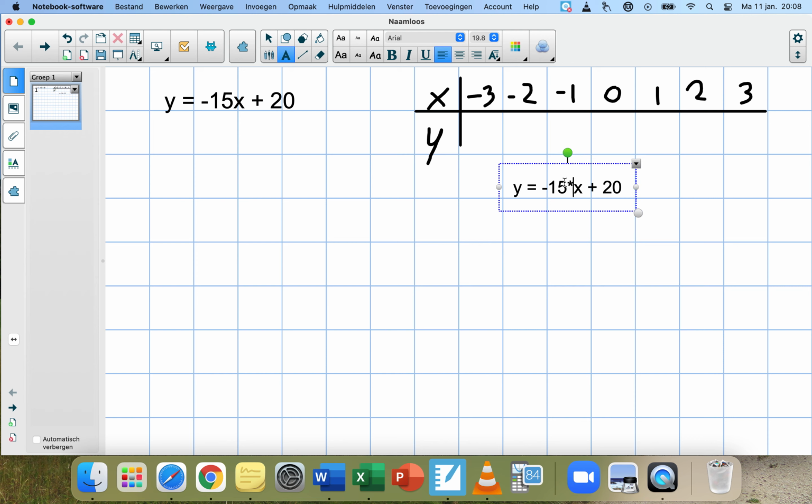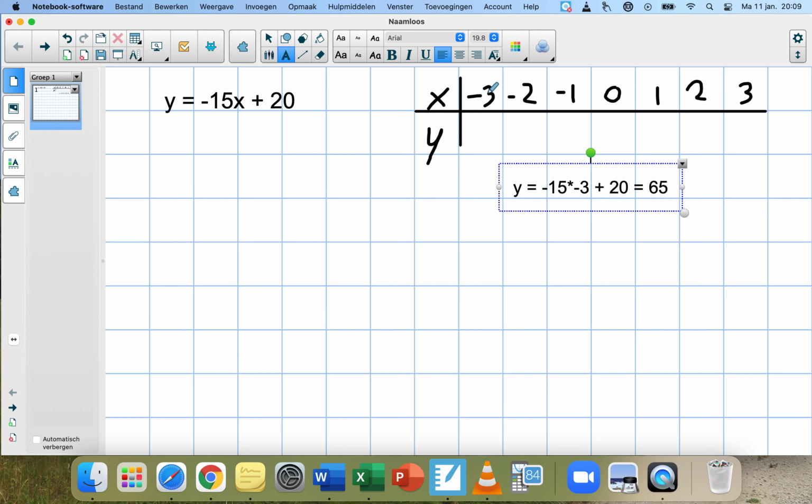I'm going to use this sign for multiplication because that's the easiest on a computer. And x is minus 3 in the first place of the table. So that combined, minus 15 times minus 3 is positive 45, plus 20 becomes 65.